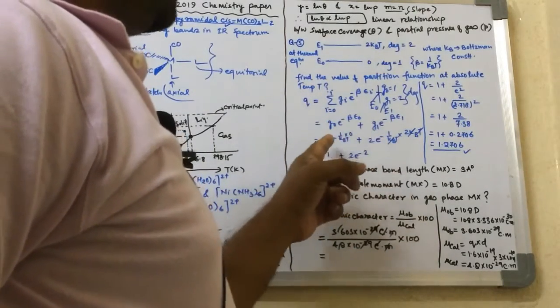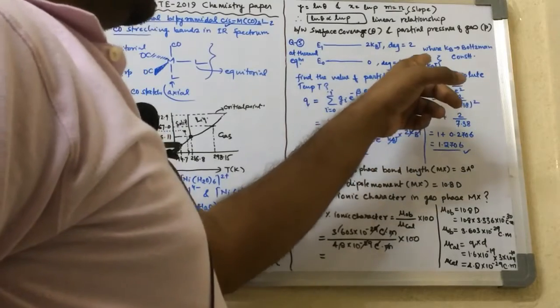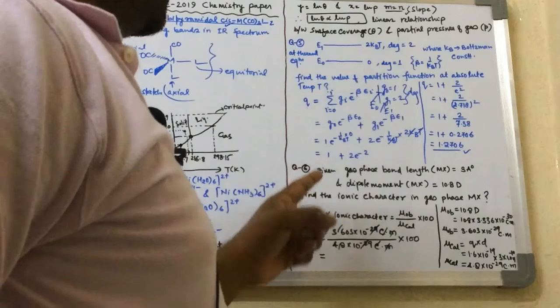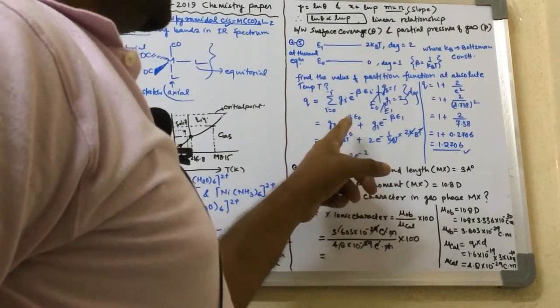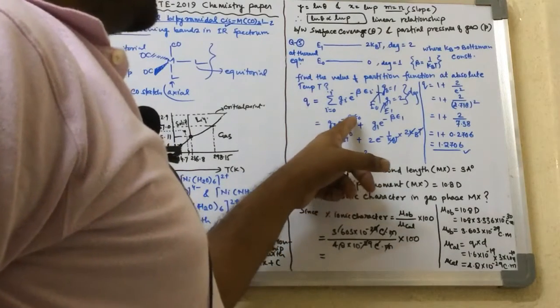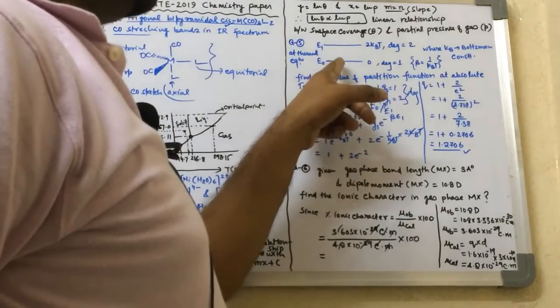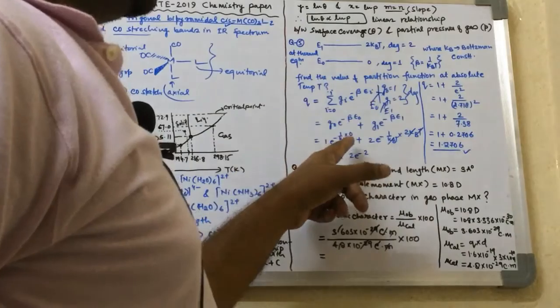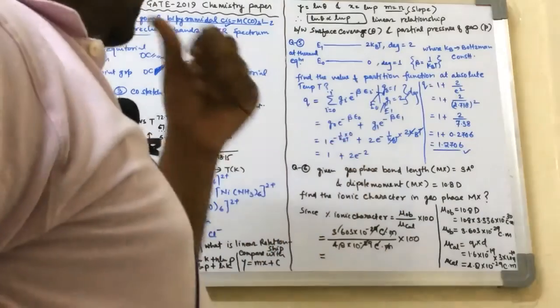So simply solve, and as I mentioned, beta is equal to 1 upon kBT. So you put kBT in place of beta, and epsilon 0 is 0 for this energy level, ground state is 0, so I put 0 here.